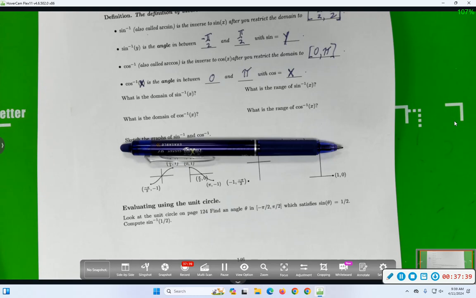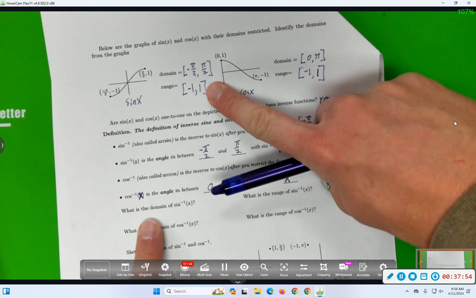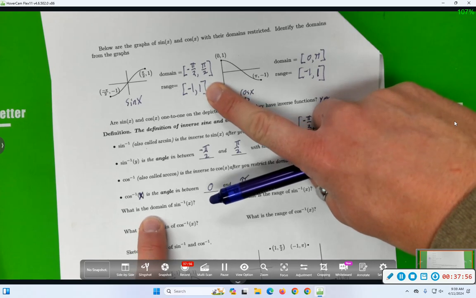Do I hear a second for that? I agree. I think that's right. How'd you get it? Just with the x and y values. Nice. Whenever you take the inverse function, you swap the x and y values. So this domain should be that range. Domain and range swap when you take the inverse function.